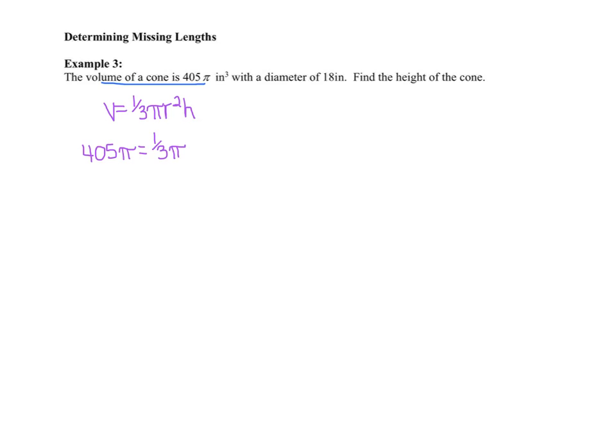So let's see what else it states in the problem. With a diameter of 18 inches. So if our diameter is 18 inches, our radius would be equal to 9, half the diameter. So let's replace our radius with 9 squared. And the question is asking us for the height, so we're looking for h.